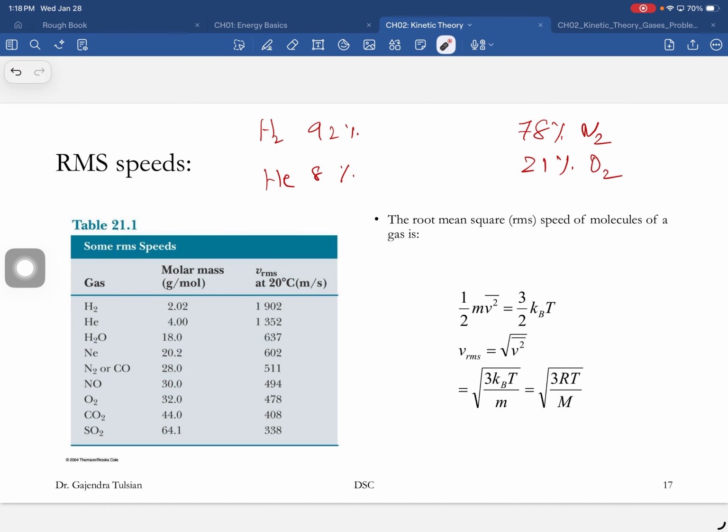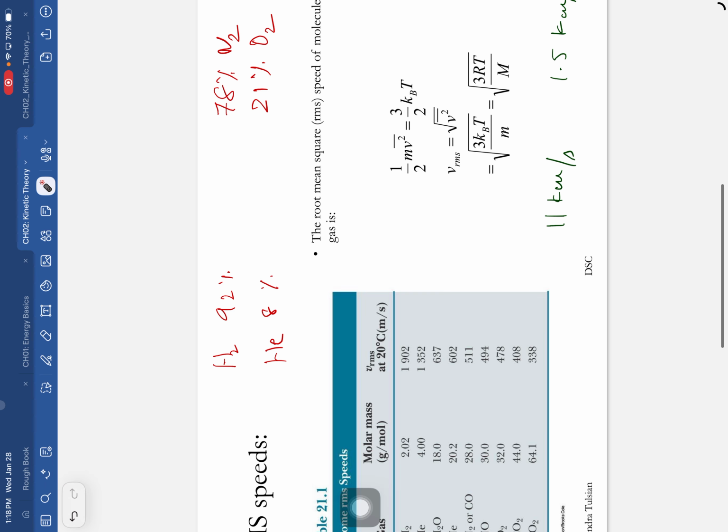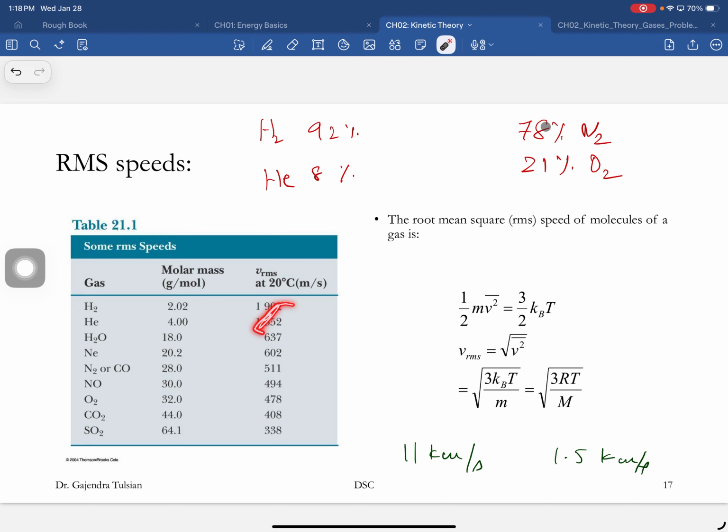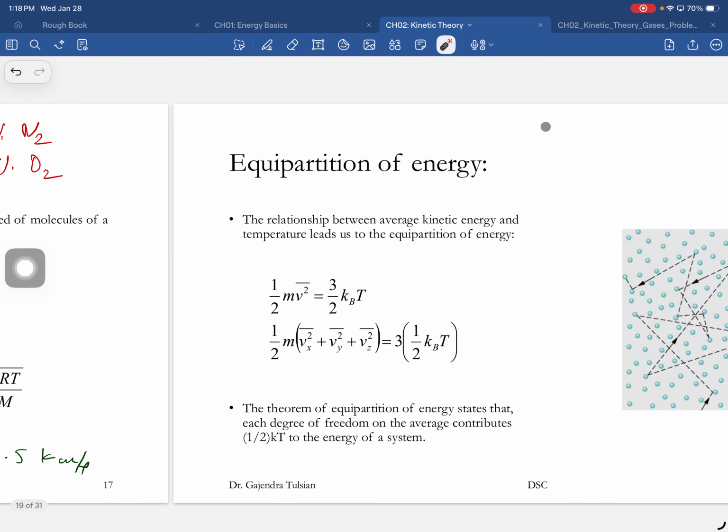That's what equipartition of energy says. It doesn't discriminate. It distributes an equal amount of energy to every degree of freedom. What that does is it allows you to calculate the energy of a system very easily. Let's say a system consists of N molecules, and each molecule has F degrees of freedom. We'll come to that in a little bit.